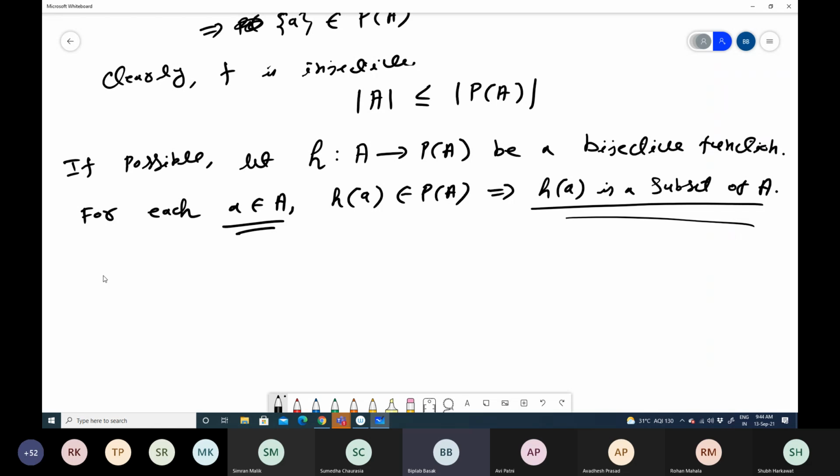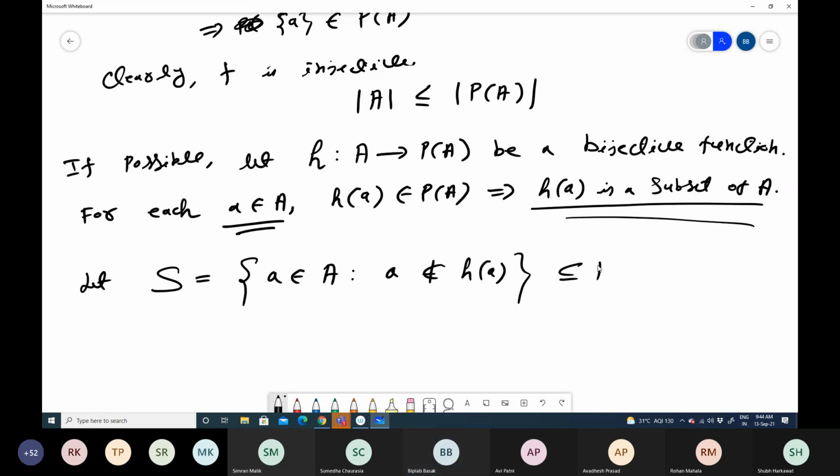So we define a set S such that S is all the a in A such that a is not in H(a). So we are taking all the elements from A such that a is not in H(a). Obviously this is a subset of A, so S belongs to the power set of A.